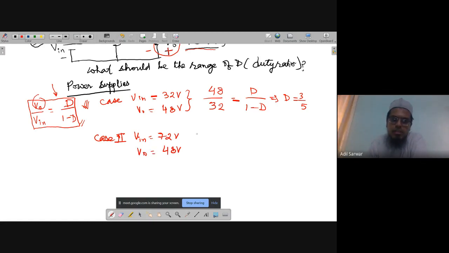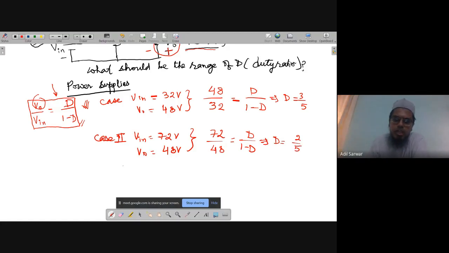In this case, I will have 72 divided by, sorry again, this is 48. 72 divided by 48 equals D upon 1 minus D. So this will give me D equals 2 upon 5.